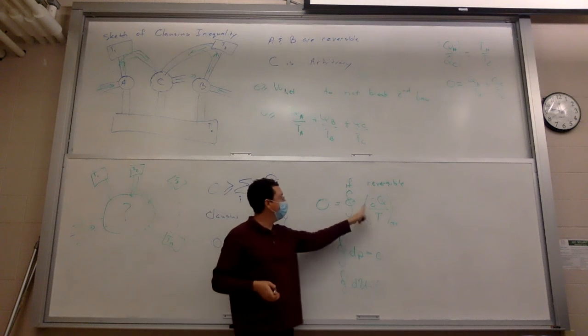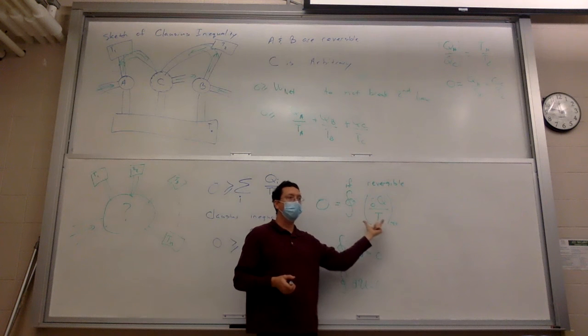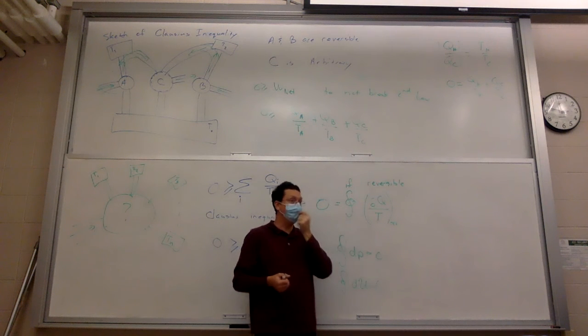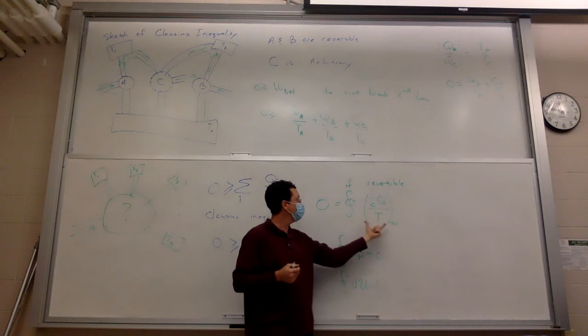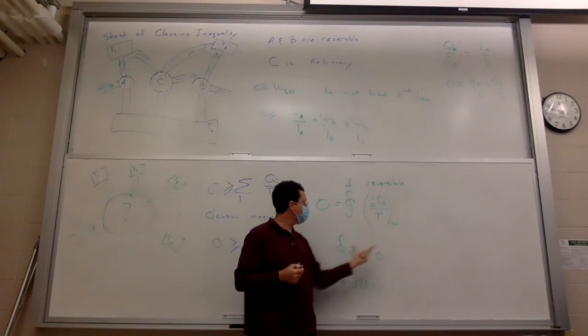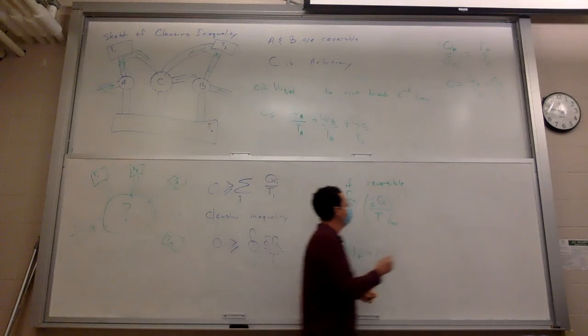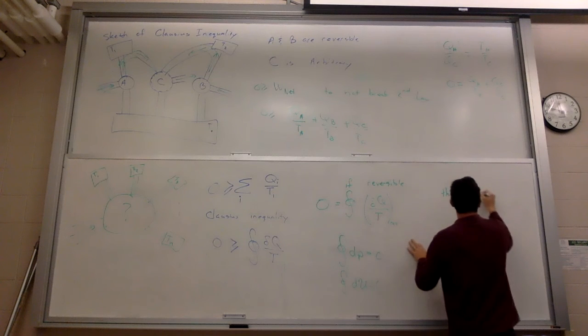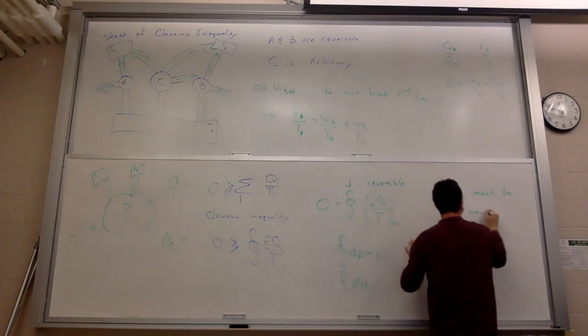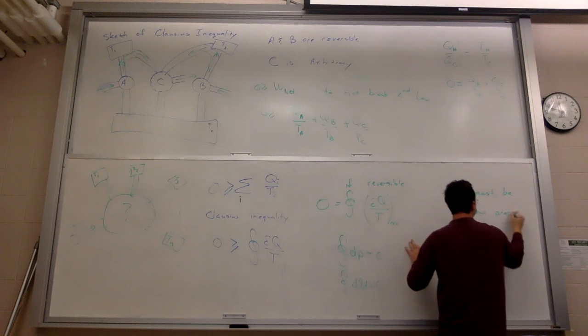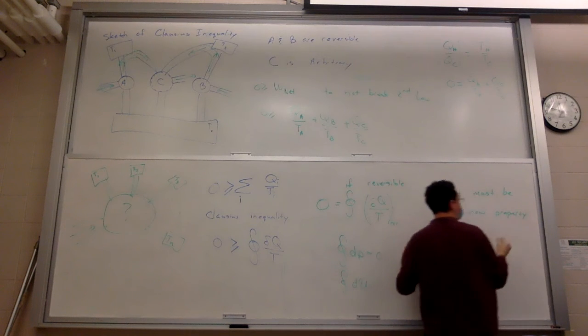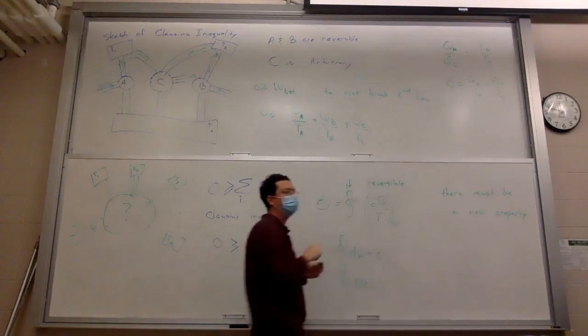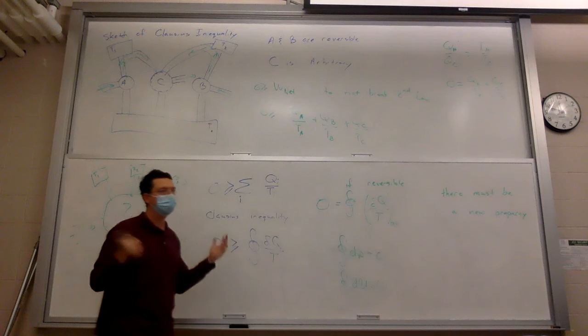What we can conclude then is that there must be a property such that you could write it like this. The circle on the integral just means integrate around a loop in the space.